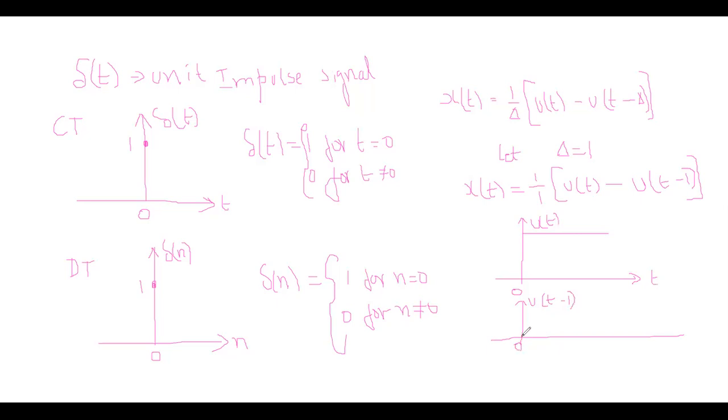The value is 0 at 0, and from 1, the magnitude is 1. It's starting from 1 here, 1, 2, 3 and so on, the t values.